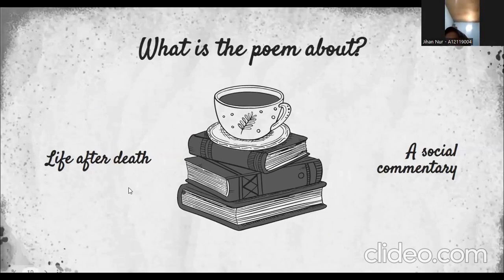Okay, what is the poem about? First, life after death. This poem suggests that death is not the end. This is suggested by the wives' vision of the men at the time of the accident. They see words of hope from the Bible, and their husbands appear to them almost like angels. The eggs held by one of the miners are a symbol of life after death.